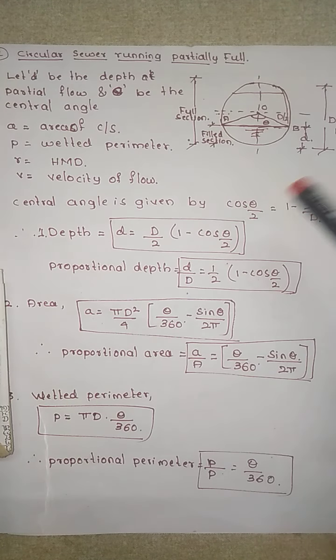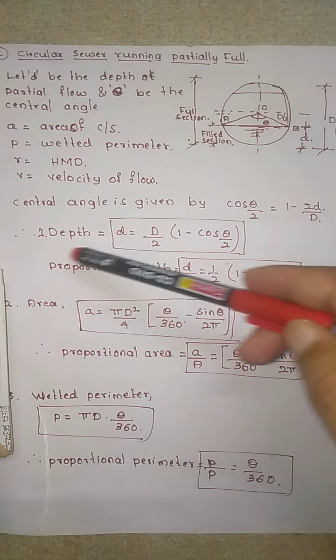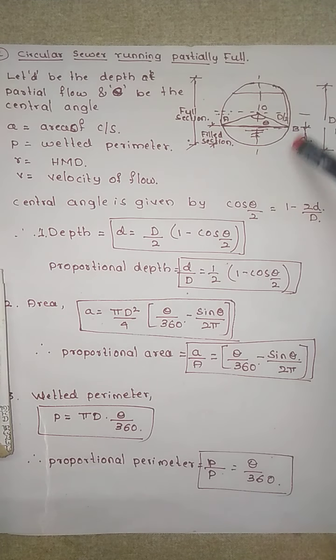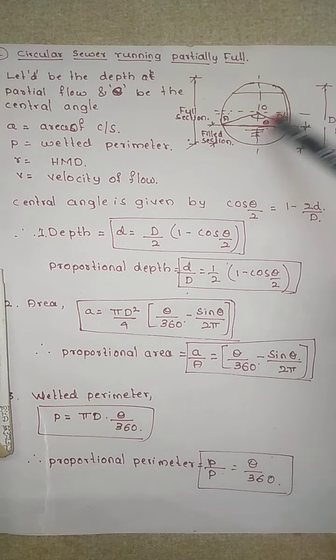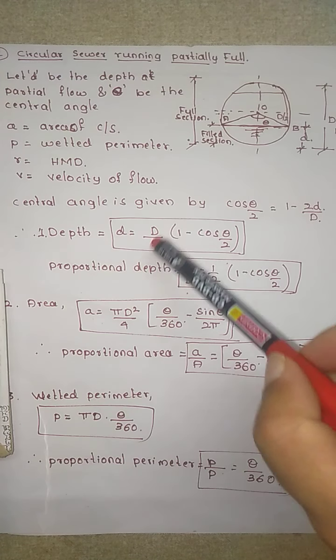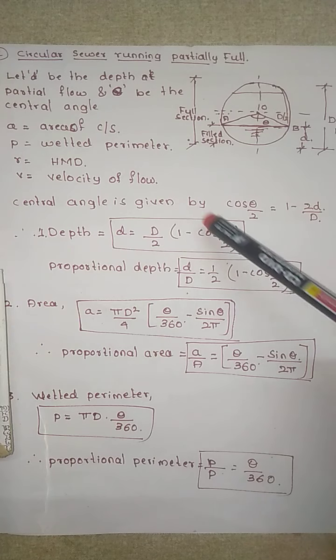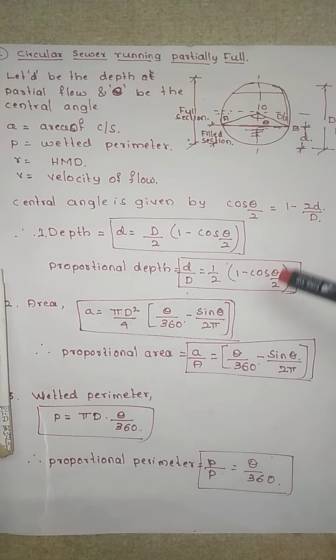Central angle is given by cos theta by 2 equal to 1 minus 2 small d divided by capital D. So the depth for partial flow, small d, is given by diameter D divided by 2 into 1 minus cos theta by 2.